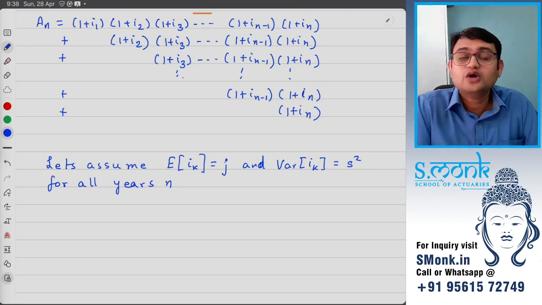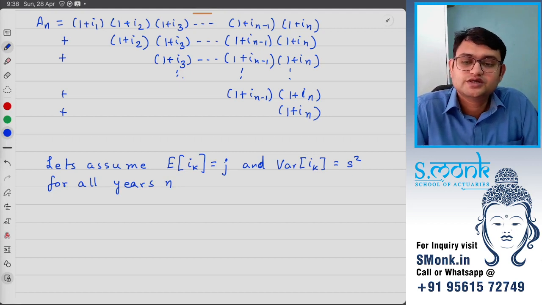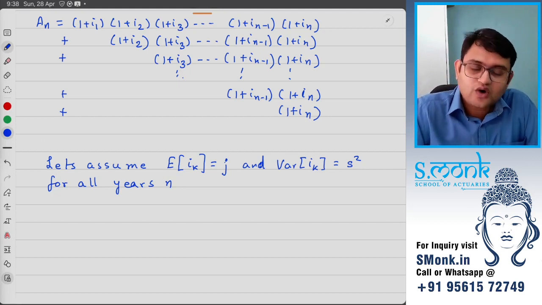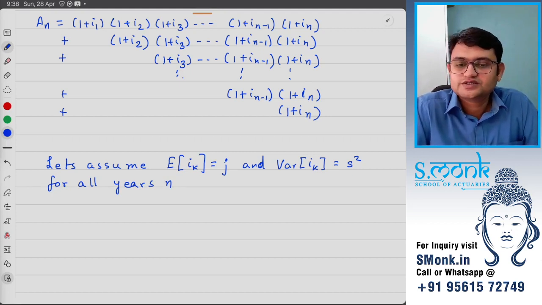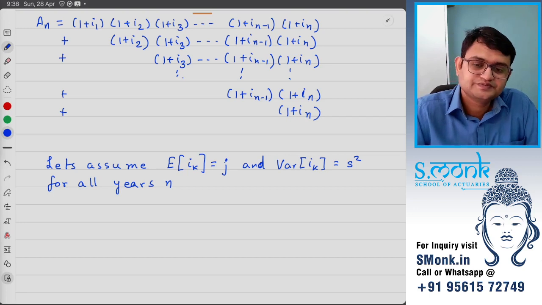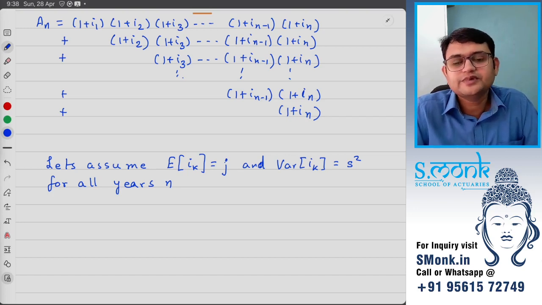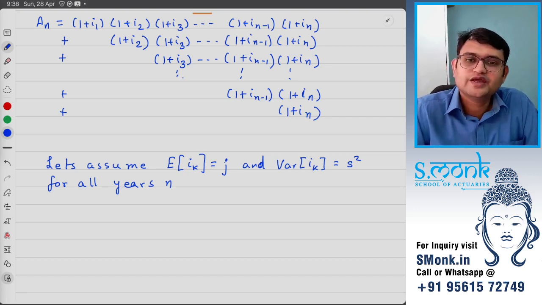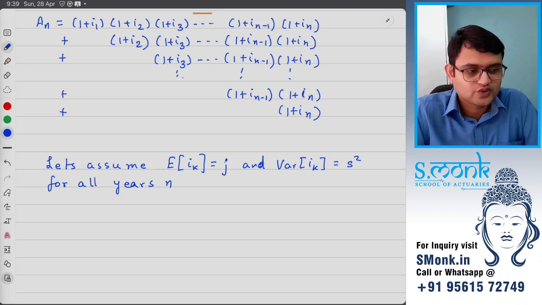For all those n years, we are assuming they are independent and identically distributed, right? IIDs. So we are assuming their mean is J and their variance is S square.